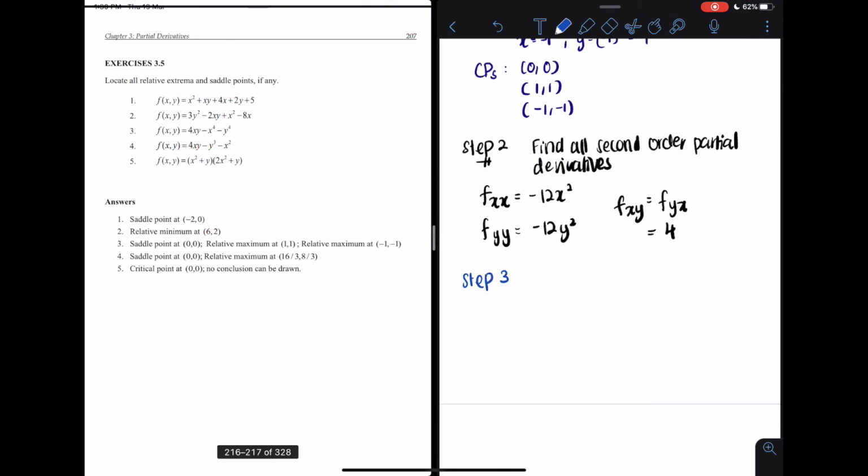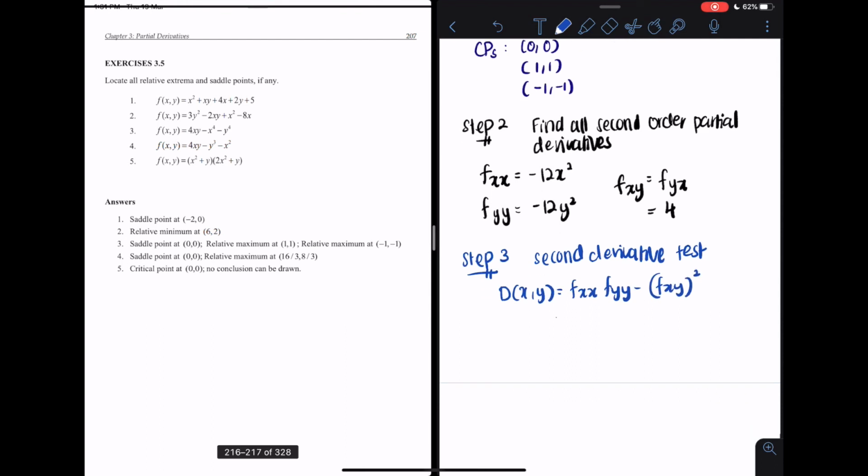Step number 3, which is the second derivative test. D of (x, y) equal to fxx fyy minus fxy squared, equal to negative 12x squared times negative 12y squared minus 4 squared.